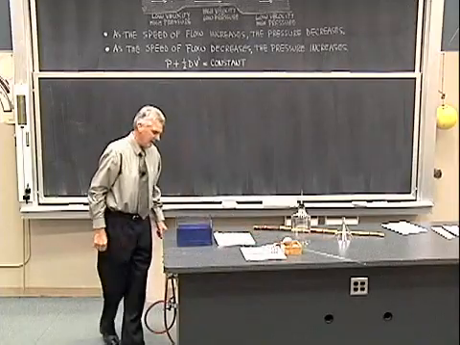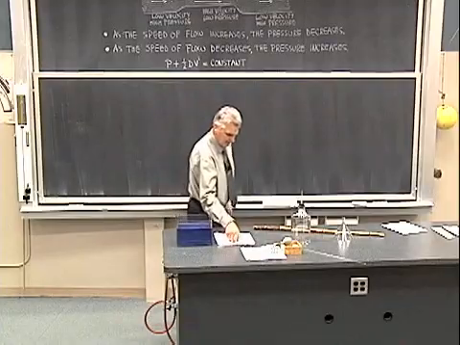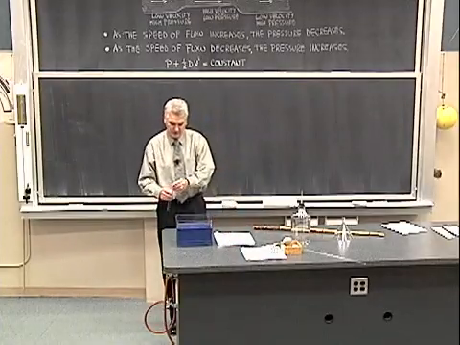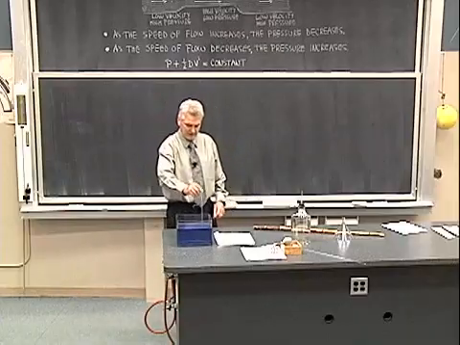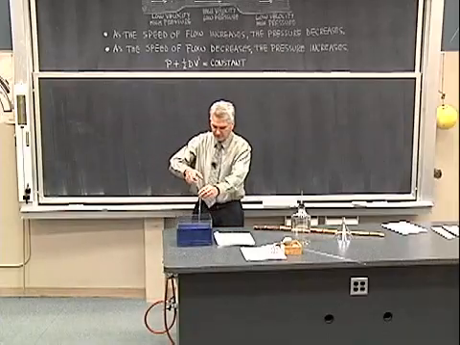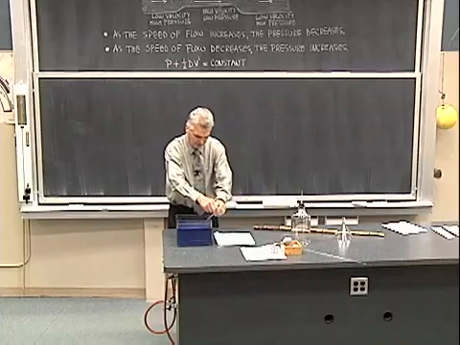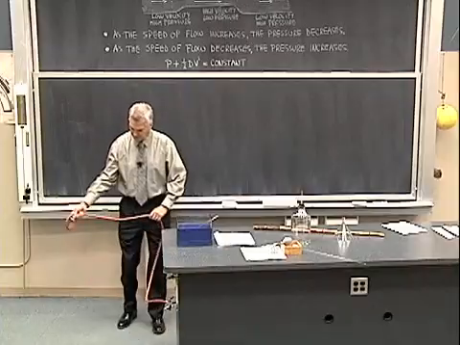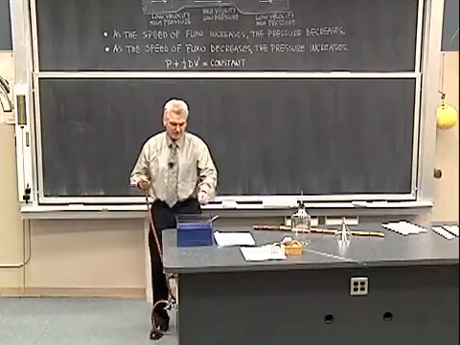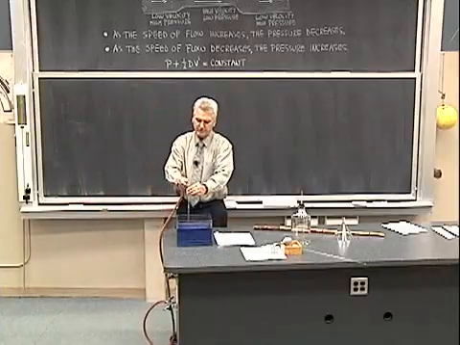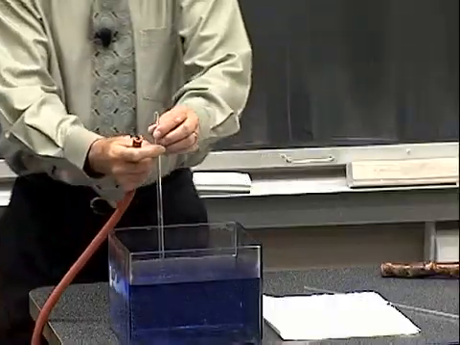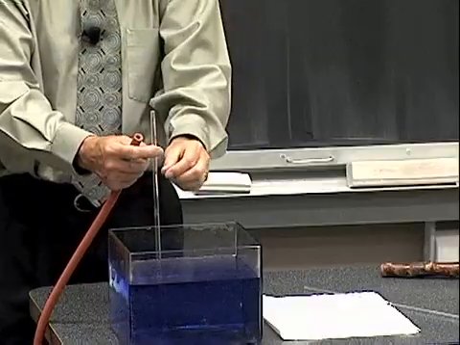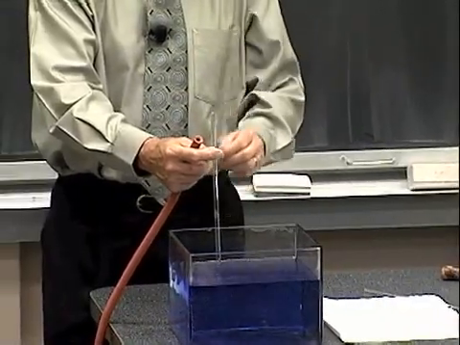We can demonstrate that another way by having an open bottle here, if you will, this open container with a glass tube, and rather than squirt air over the top with a bulb by squeezing on it, I'm going to take air from this air hose and blow air over the top of the tube, and we're going to see as the air flows over the top of the tube, what this tube will see is a high velocity and therefore a low pressure.